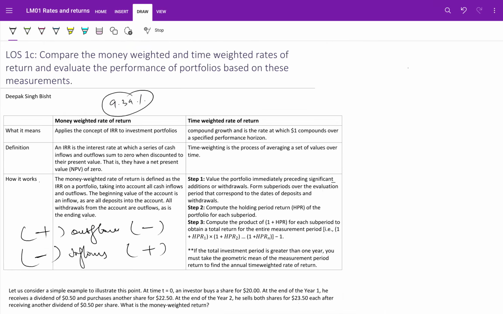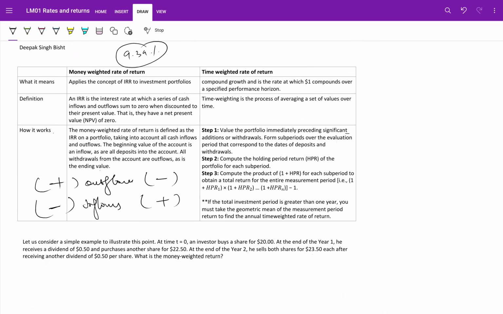The method, the way it's calculated, is different from money weighted rate of return.